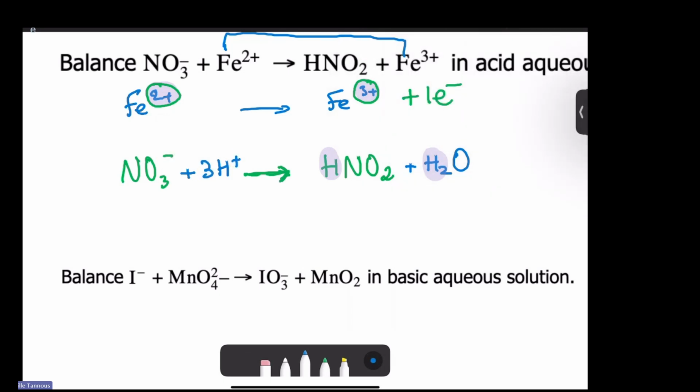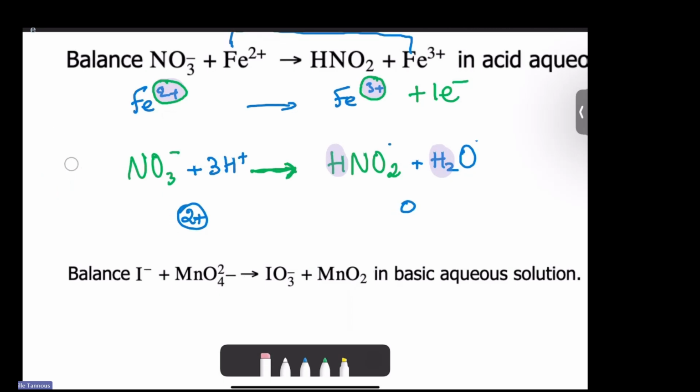So the overall charge is positive 2 on this side, whereas here, neutral, 0. So 2 plus is the higher side of the charge. So I need to add electrons to drop the 2 to 0. So I add 2 electrons.